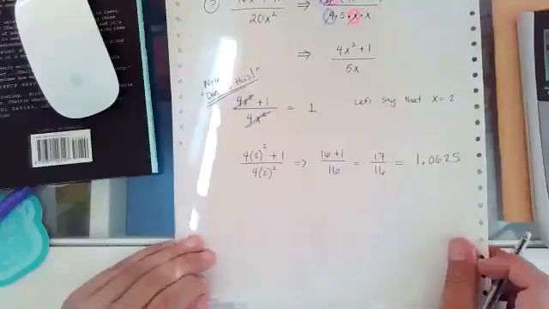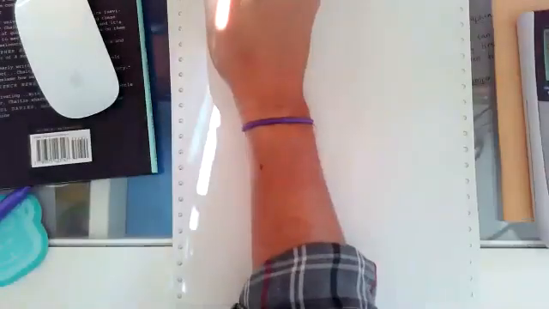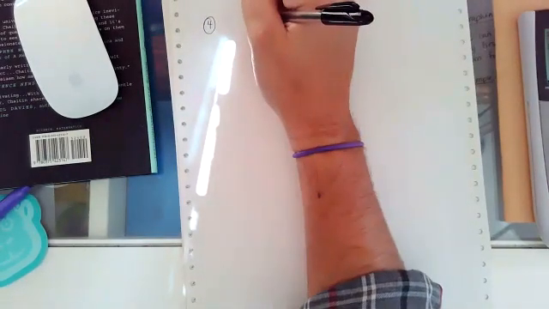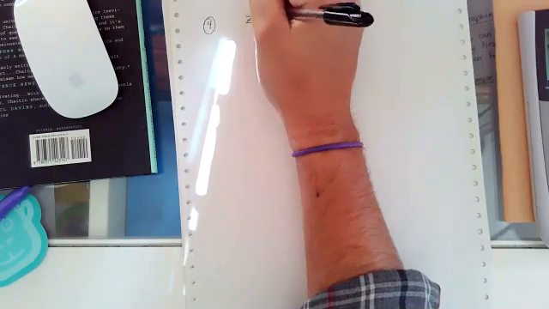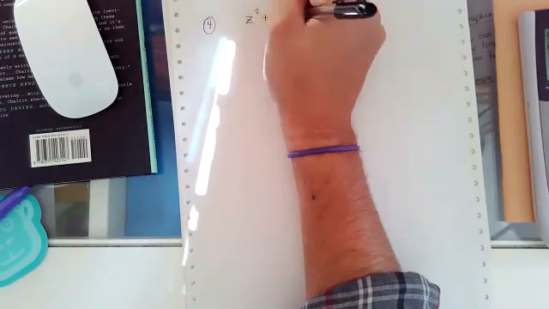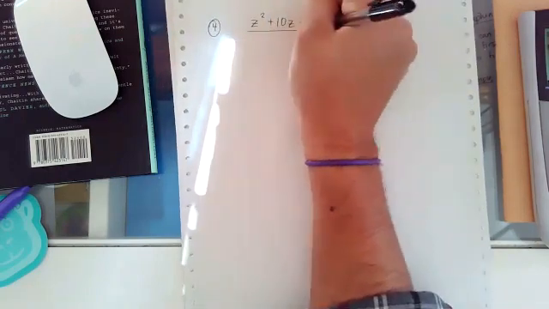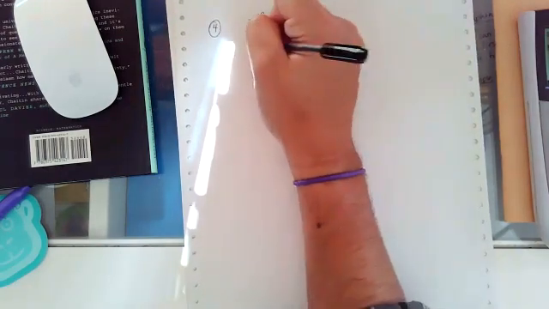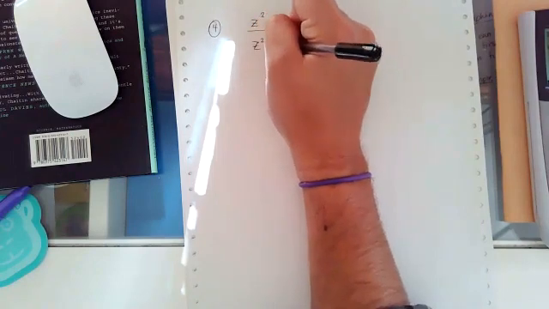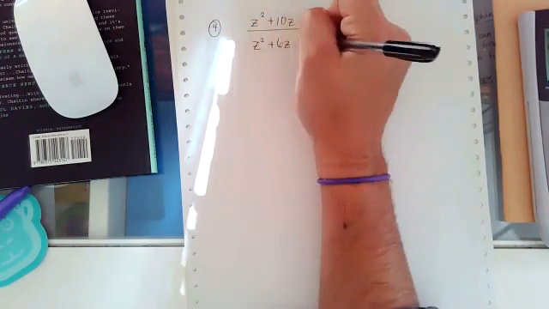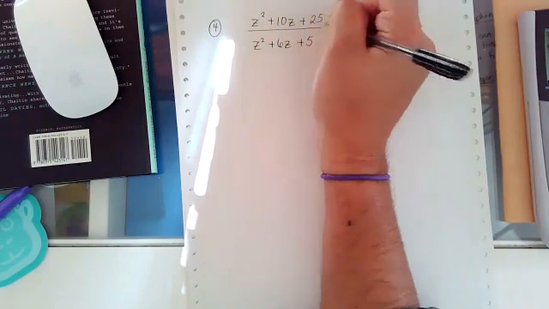Okay, let's look at another example: z squared plus 10z plus 25 over z squared plus 6z plus 5.